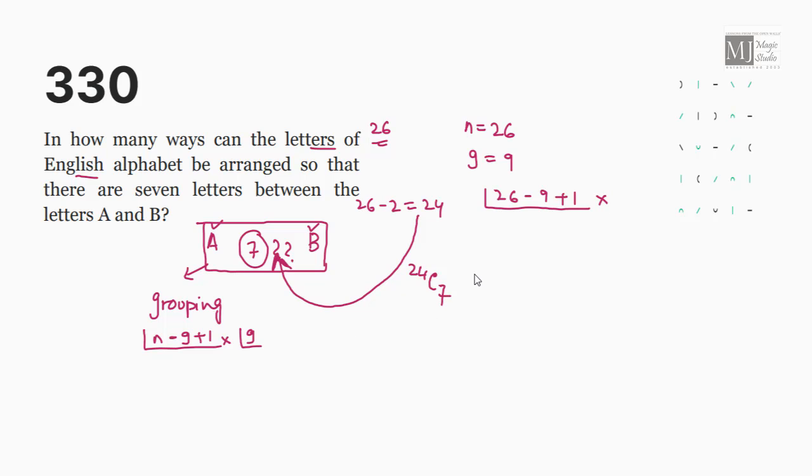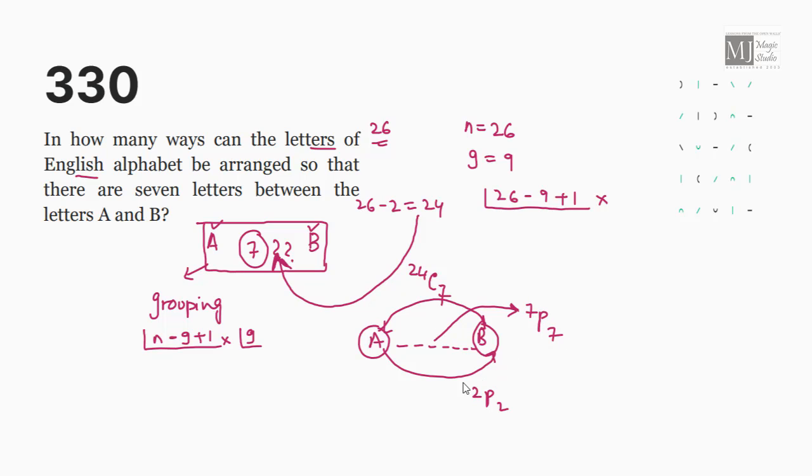Now we need to see how these people in the group are behaving. We have a group of 9 people. A and B are at the corners and 7 people are in the middle. These 2 people would be arranging themselves on the corners in 2p2 ways, and these 7 people can also arrange themselves among these 7 places in 7p7 ways.